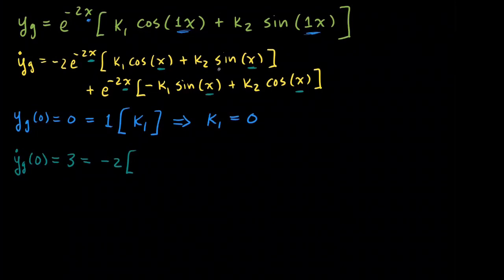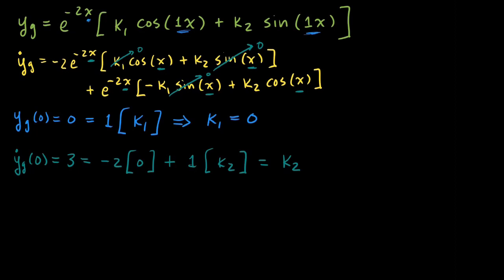The sine of 0 terms go away to 0. So I have negative 2 onto something that looks like 0, and then plus 1 onto something that looks like 0 plus k2 times 1. So I get a k2 here, and that's equal to 3. So I know k2 equals 3 from that.